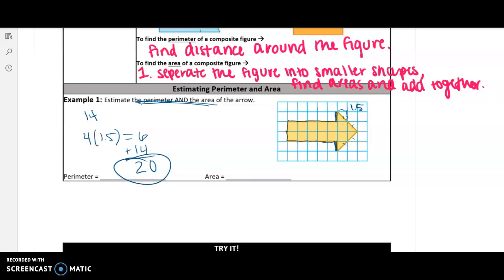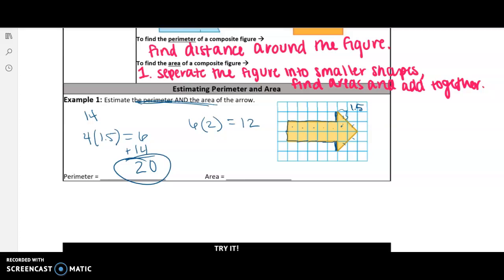So now for area, what I'm going to do when I'm estimating is, again, it's not exact. Estimating is just getting close to or making an educated guess. So I see that there's 1, 2, 3, 4, 5, 6 across. So those are 6 whole squares or filled in squares. And I see that there's 2 rows of those.